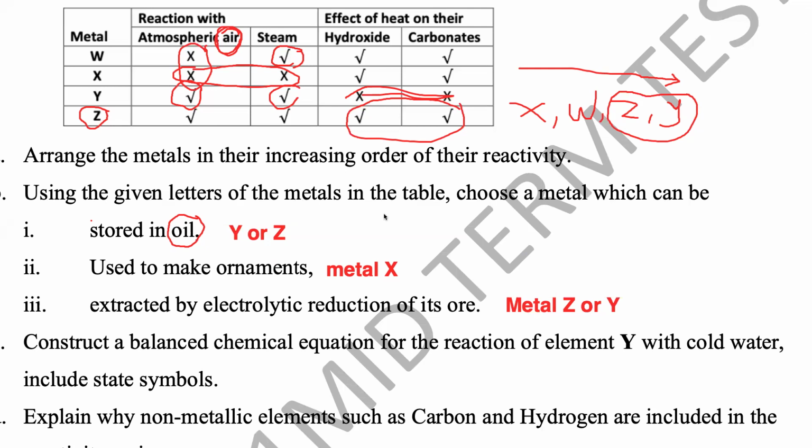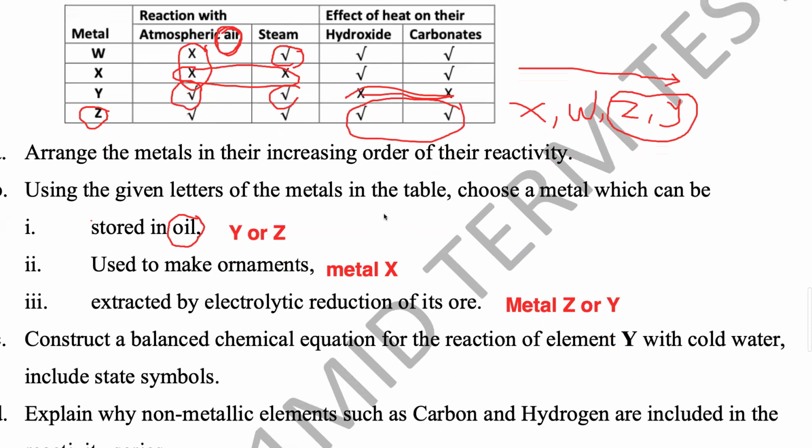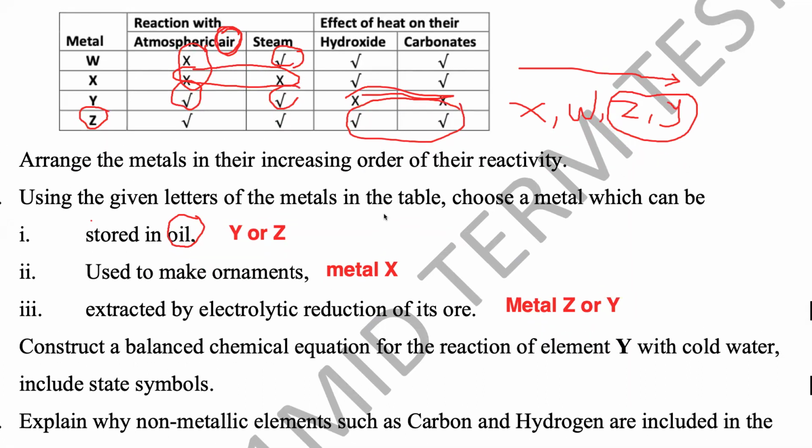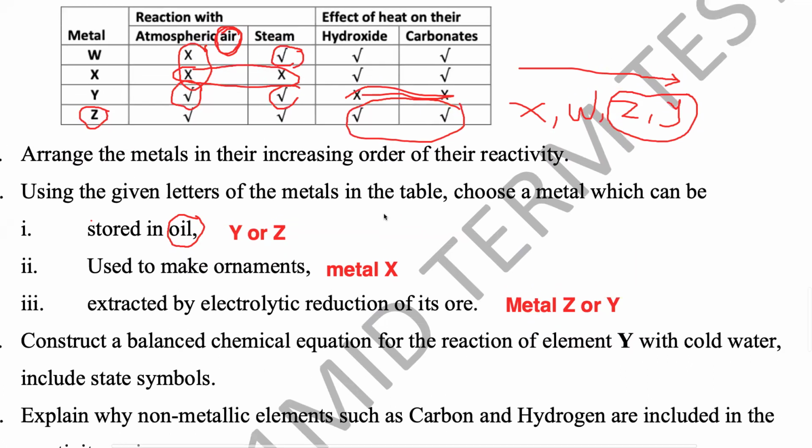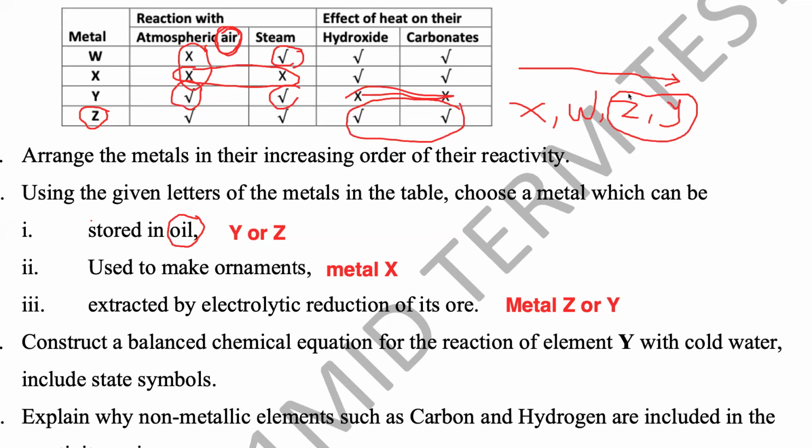Because of this, we can clearly indicate that element Y belongs to group 1, because group 1 elements are the ones that can react with air, with cold water, with steam, and whose reactivity with acids can be very, very dangerous.